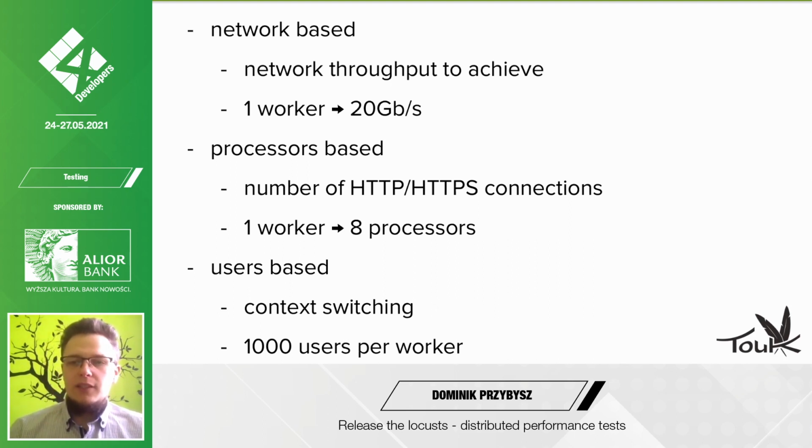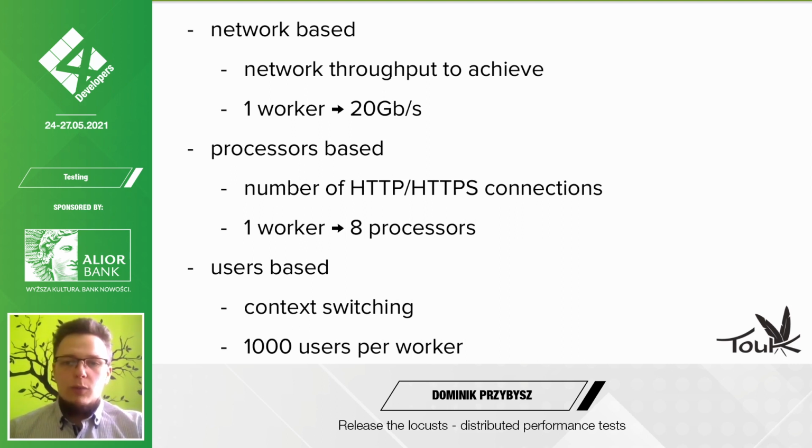When we wanted to create a test where the key was the number of connections, especially HTTPS connections to our system, then one worker could be virtually assigned to 8 processors, maybe 4 processors, depending on the load that we wanted to generate.